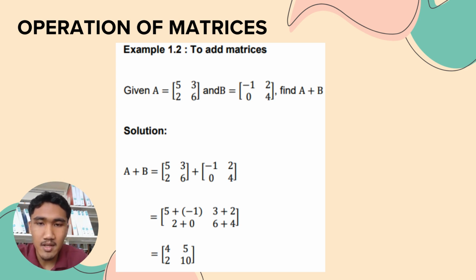After that, row 1 and column 1 from matrix A plus row 1 and column 1 at matrix B, 5 plus -1. And we repeat the method for the next row and column. Okay, the answer is 4, 5, 2, 10.